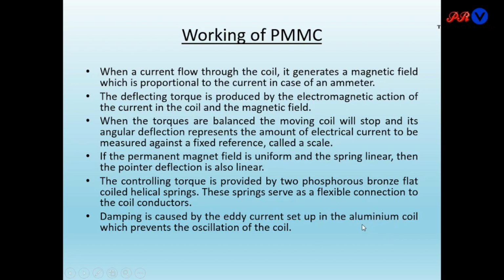When current passes through the coil, eddy current is set up in the aluminum former, which prevents the oscillation of the coil, so that our pointer will settle without oscillation at the scale, and we can get the correct value of the measured current.